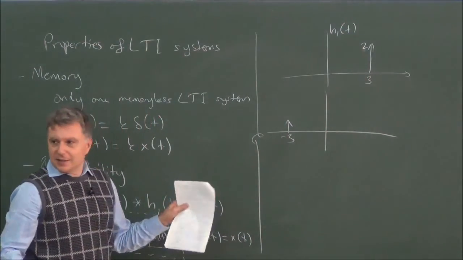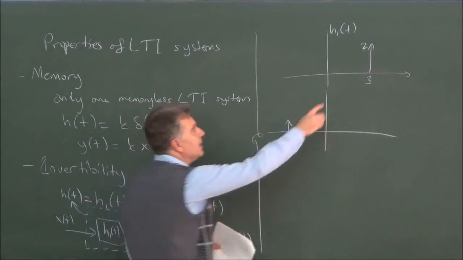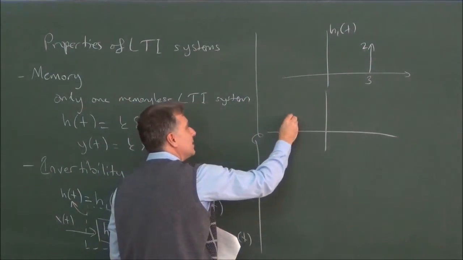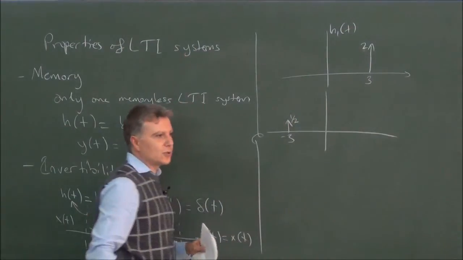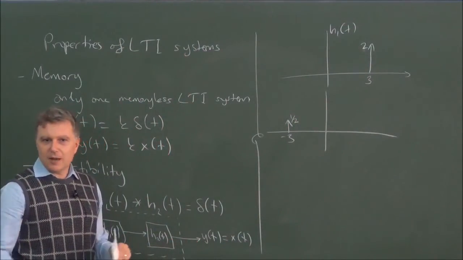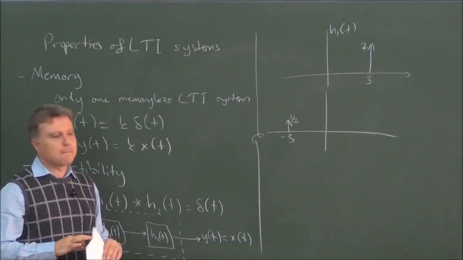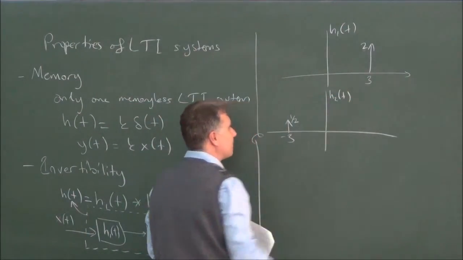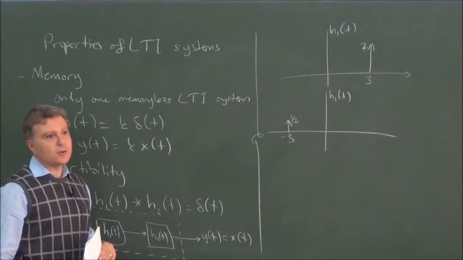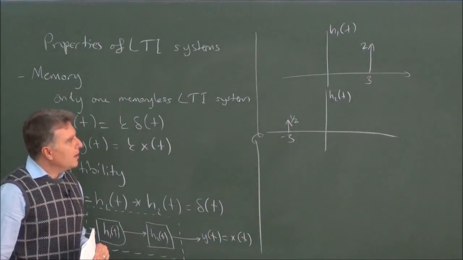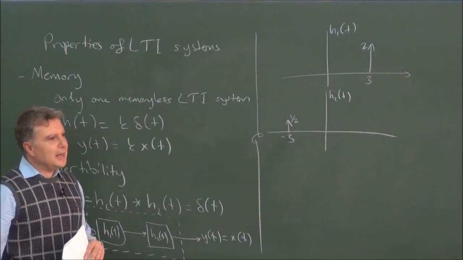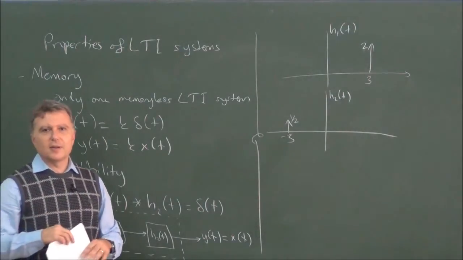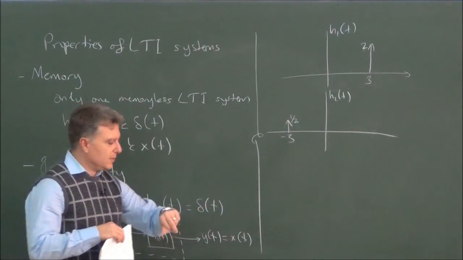But since the scale here is 2, you should have this scale to be equal to 1 over 2 or 0.5. You have to be careful about the scalings as well. So this is h2 of t, which is the inverse system of h1. I cannot give any other example with the tools that we have for the time being.